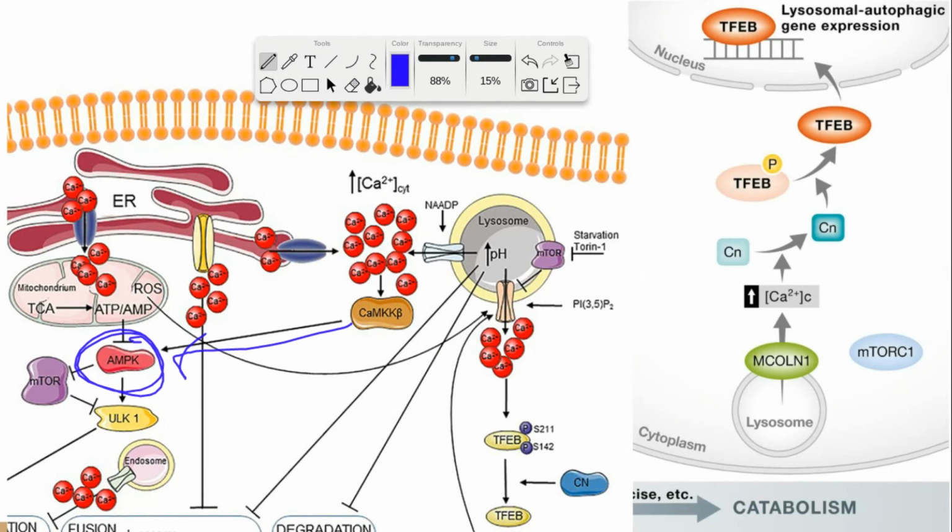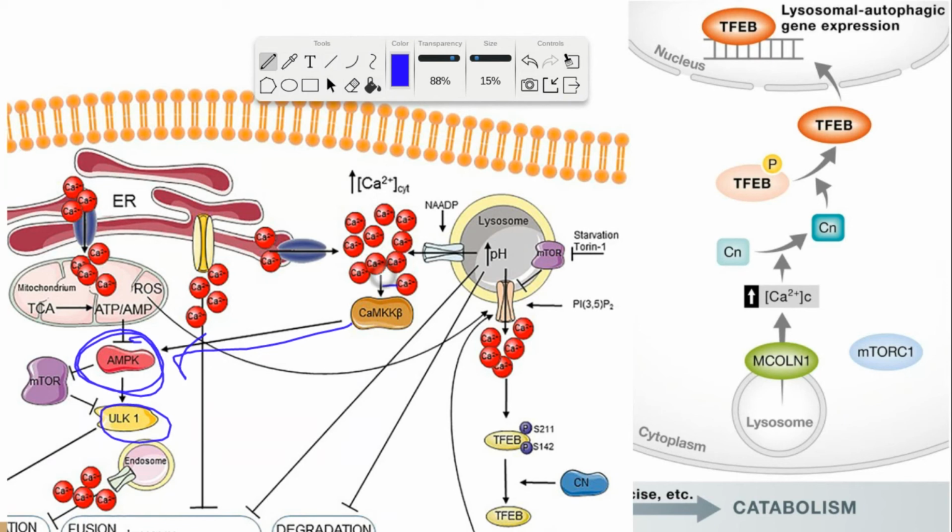So AMPK can be phosphorylated and activated by CaMKK beta. And again, AMPK is that critical starvation-activated kinase that is upstream of ULK1. And ULK1 is the initiation complex of the autophagosome. AMPK requires two things.